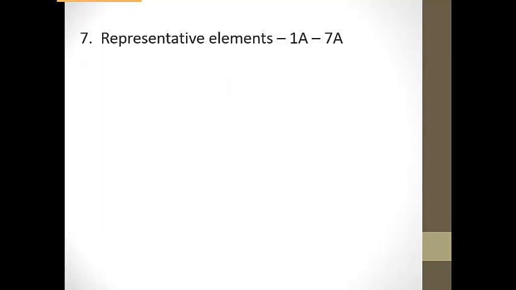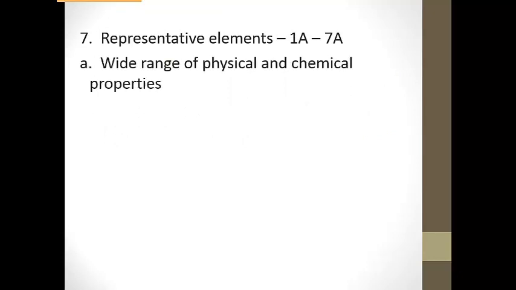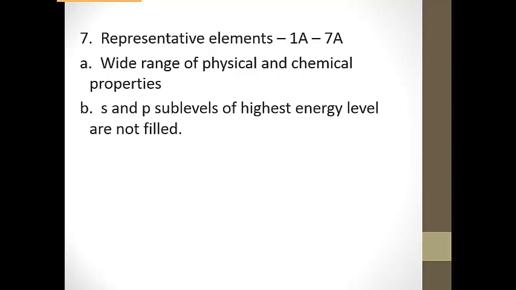Those representative elements that we were just mentioning all have the A. Those are called representative elements. There's a very wide range of physical and chemical properties because 1A and 2A are metals, but 7A is nonmetals. The s and the p sublevels are your highest energy level, and they're not filled up. 1A, 2A, 7A, they're not completely full.